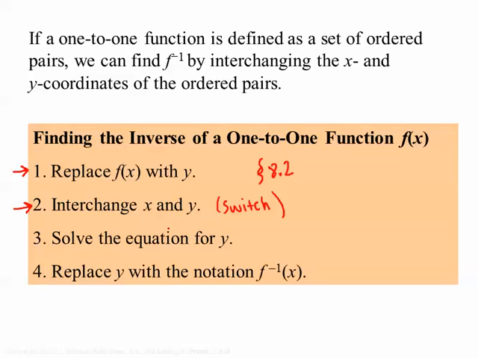Then solve what you have there. So put it back into a solution of y and replace that solution that you have equal to y with the new notation for its inverse. 4-step process.